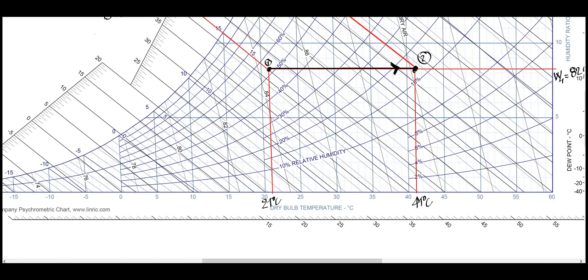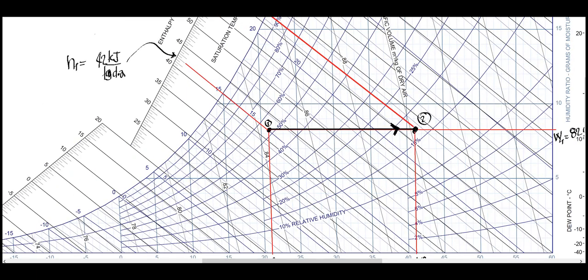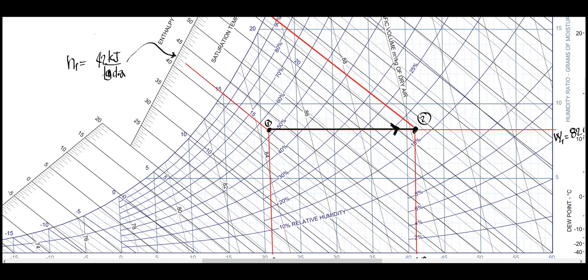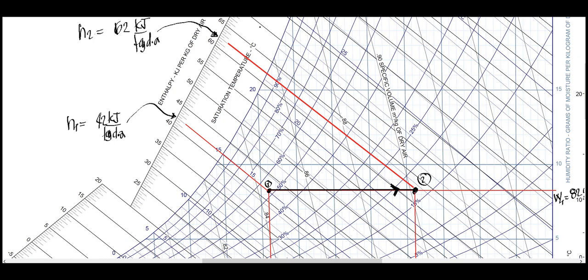Then the humidity. We'll also be needing the specific volume. You will notice here we also have a change in specific volume from point 1 to point 2.